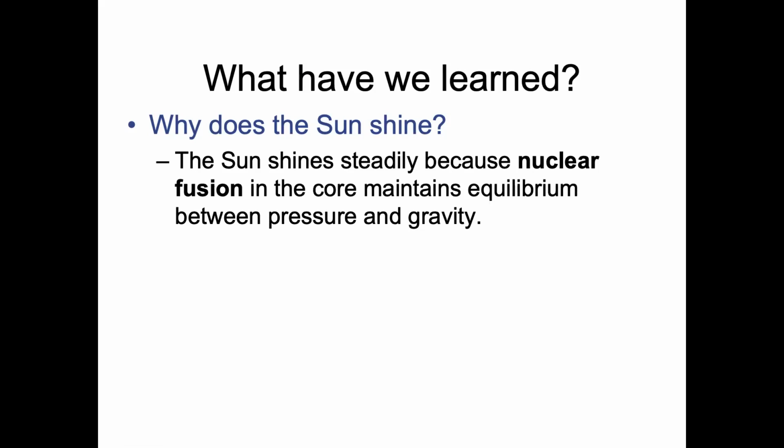In which 4 protons fuse together, and the product of that reaction is a helium-4 nucleus, as well as some small particles and radiation, and that's our outward energy. Right. This fusion allows the star to maintain equilibrium.